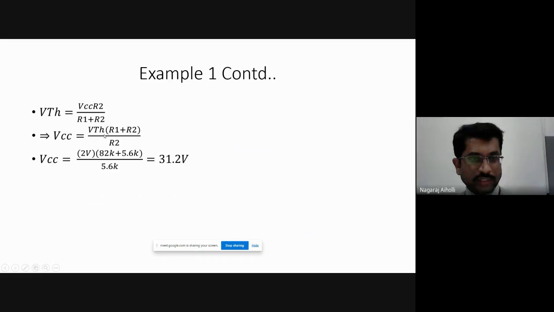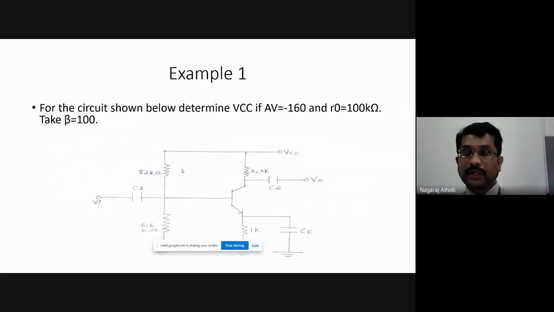VCC is equal to VTH, which we have calculated as 2 volts, into R1, 82K, plus 5.6K, divided by 5.6K. This comes out to 31.2 volts. Like this, we have calculated the value of VCC for the common emitter voltage divider bias configuration.